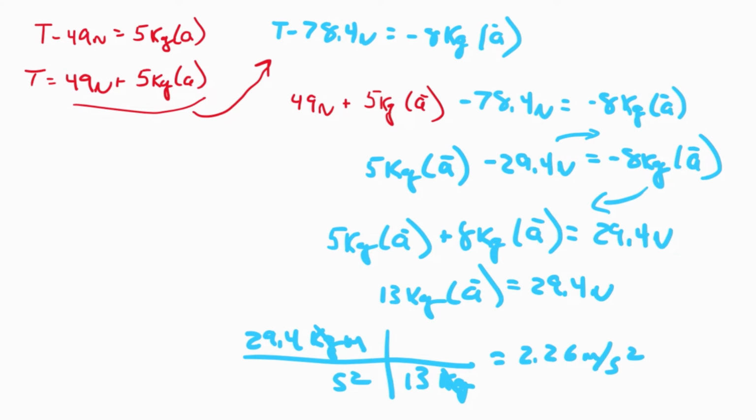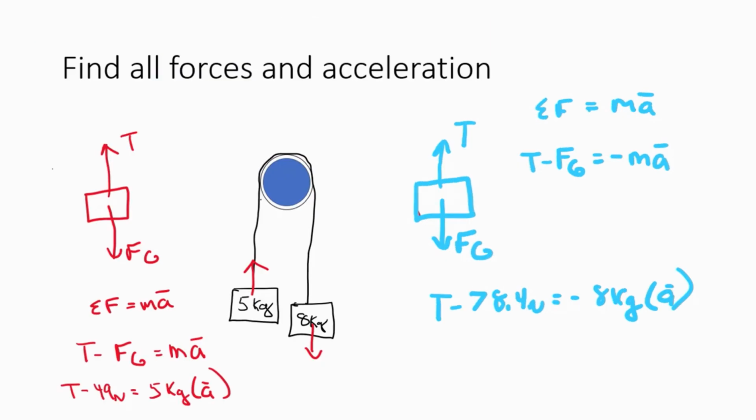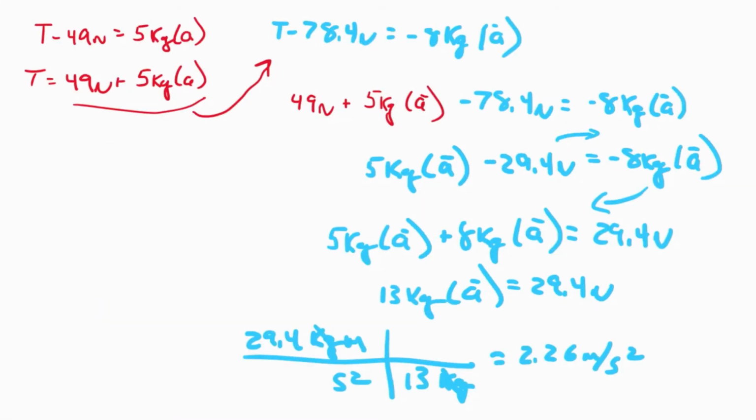Now, the other thing that I could solve for is T, and I have two different places where I could solve for T. I could solve for T here. I could solve for T here. Both of them should give me the same answer. So let's try the red one and solve for T. T minus 49 newtons equals 5 kilograms a. So T minus 49 newtons equals 5 kilograms times 2.26 meters per second squared.